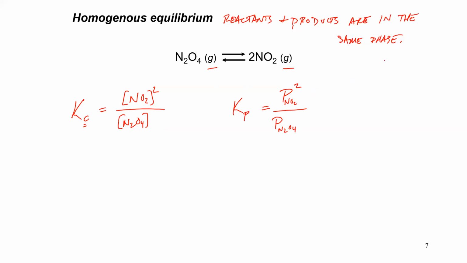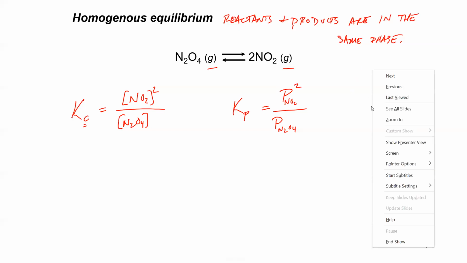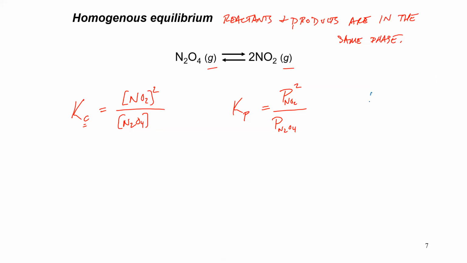Now, pressure and concentration are related to one another. Just as a quick aside here, PV equals nRT. If we want concentration by itself, that's n over V. If we rearrange, n over V gives us P over RT.